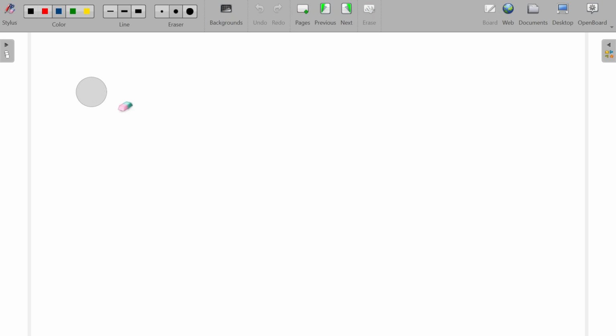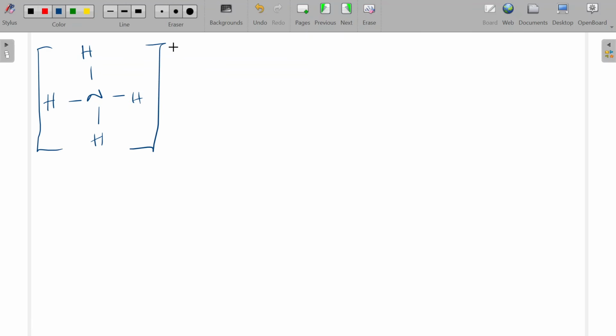Okay, so on this part I want to explain something. Let's say you have ammonia, you have ammonium. Ammonium is like this. This is ammonium, and ammonium has a positive charge here. Then you also have ammonia.